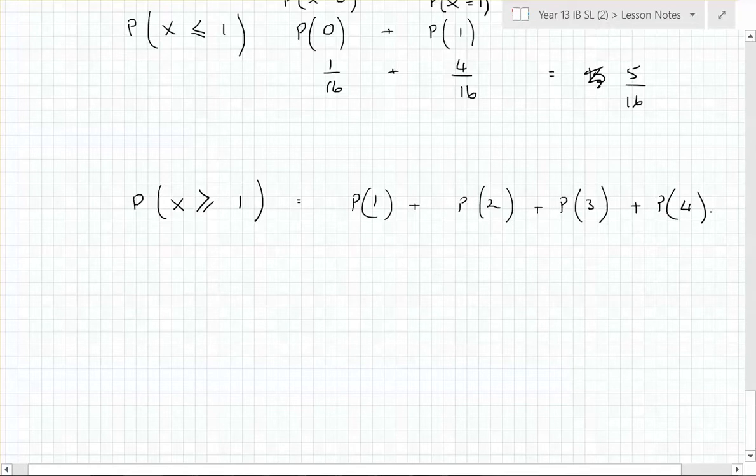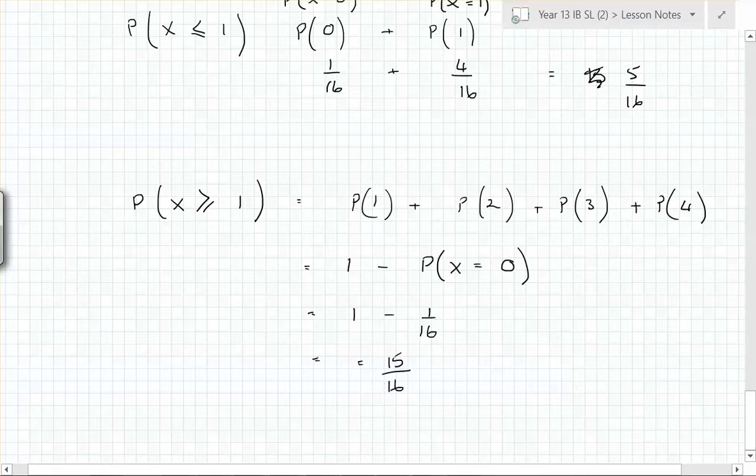No. So what do we look at? We actually do 1 minus the probability that x is equal to 0. Okay? That's the only one that's not considered. So that will be 1 minus, well, what did we have? 1 over 16. So equals 15 over 16. Okay? That's the probability.